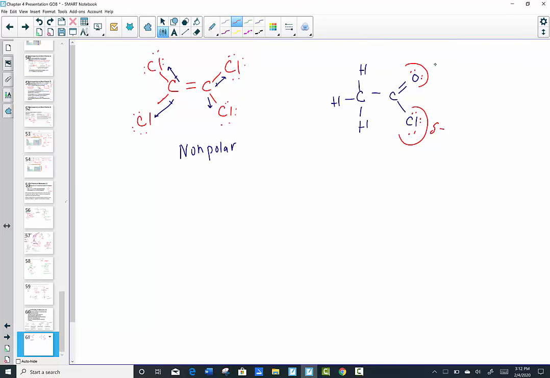This is also a region that's very negative. This is a polar bond. This is also a polar bond. And then this is all kinds of boring over here, isn't it? So this is going to be electron deficient, with all the electrons being pulled towards the very exciting part of the molecule, the oxygens and chlorines. So this molecule is polar.